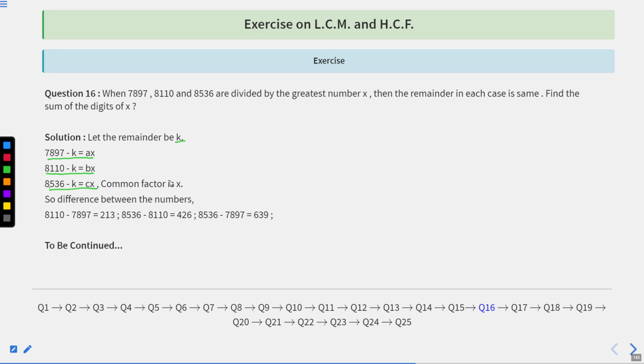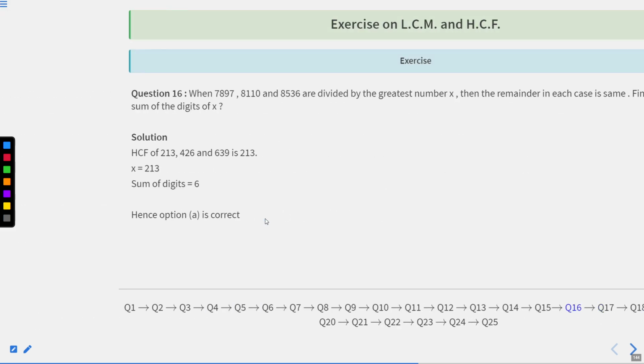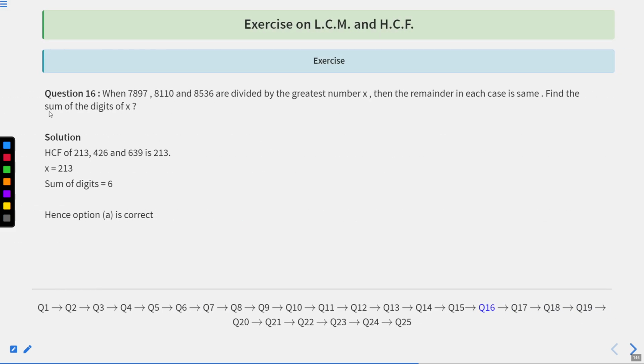The differences between the numbers are 8110 minus 7897 equals 213, 8536 minus 8110 equals 426, and 8536 minus 7897 equals 639. The HCF of 213, 426 and 639 is equal to 213. That means x equals 213. If you take the sum of digits, you will get 6. So the correct answer is 6, option A.